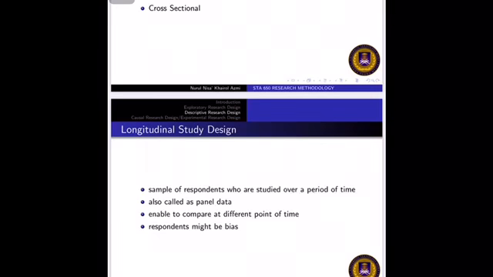Sometimes when we do a longitudinal study design, there is a possibility that the subject tends to change, because of the time passing by, and because they know that they, the respondents, are being watched or studied. Therefore, when we do a longitudinal study, we must take into consideration the bias of the respondent.